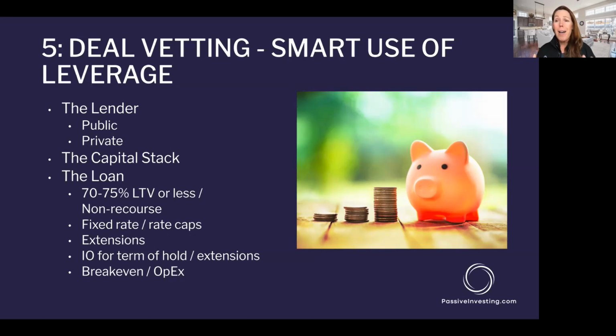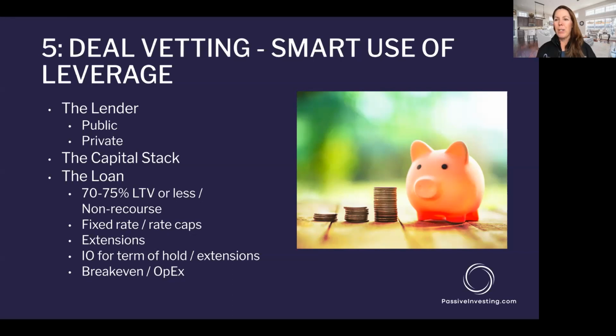I would love for it to be non-recourse lending, meaning that if the deal completely fell apart, the lender's not going to go back against the operator and take them for everything in order to get the loan fulfilled. Rather, they would sell the asset and try to get the loan fulfilled.